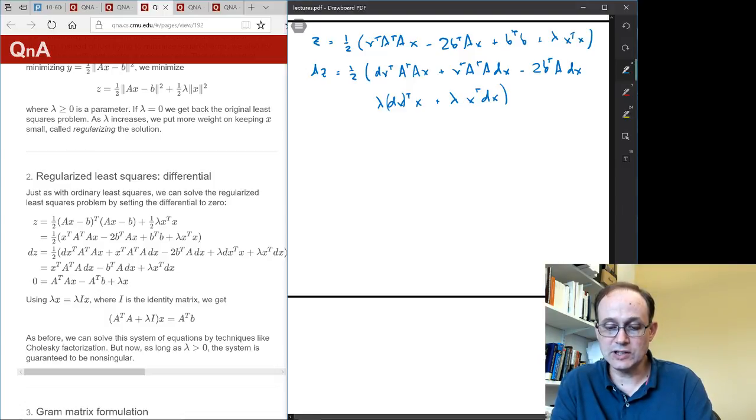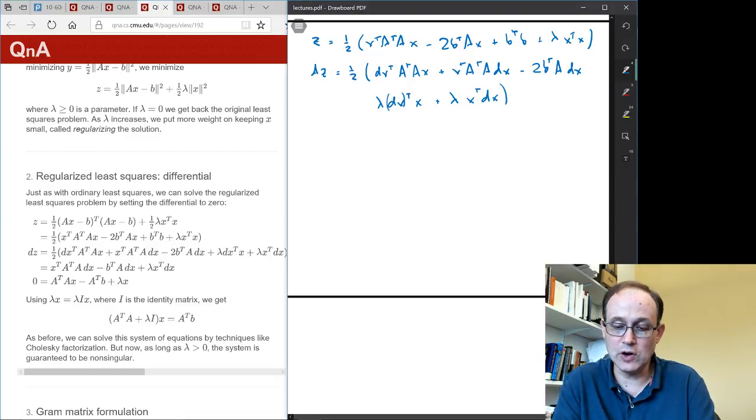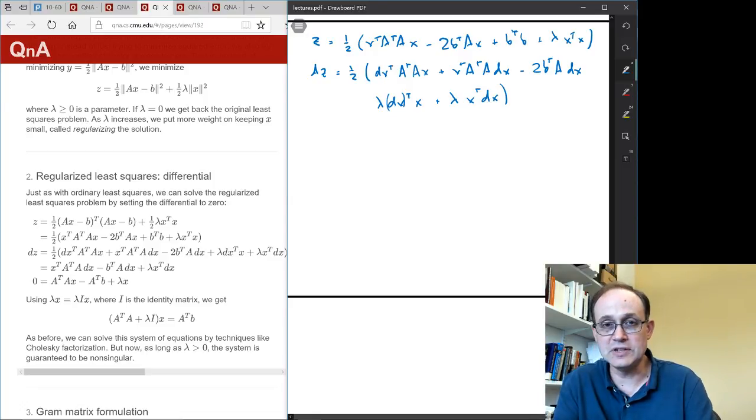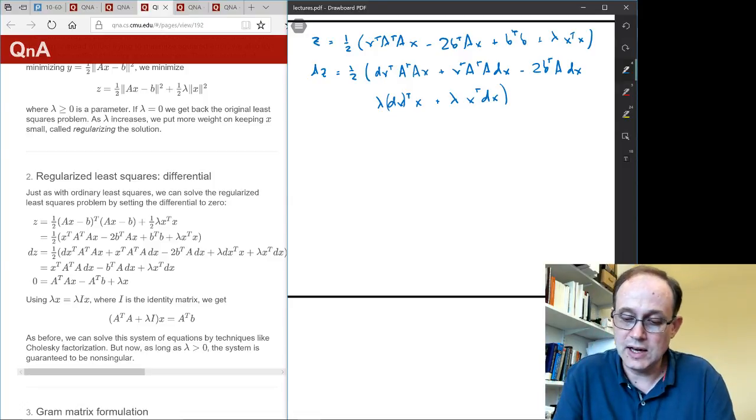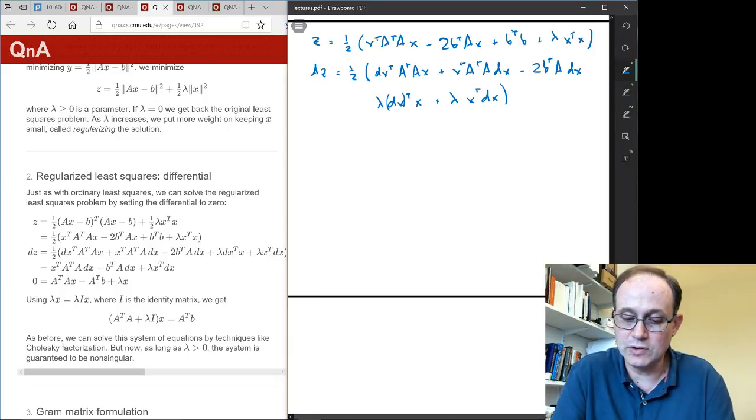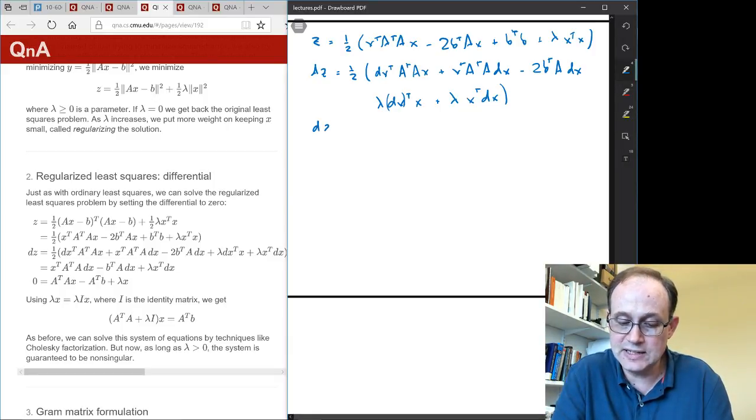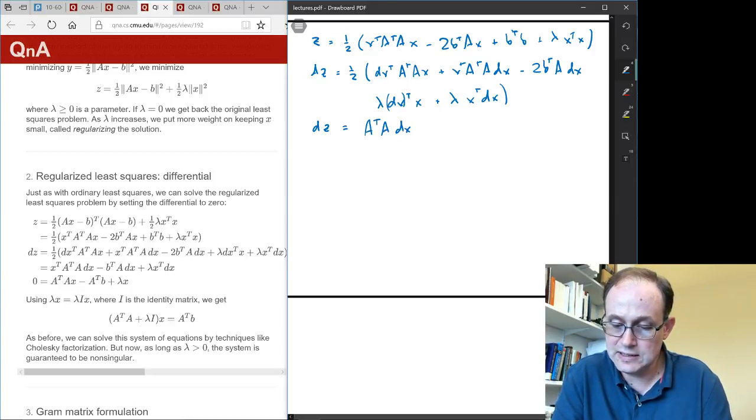Now we can collect pairs of equal terms, right? So this is a scalar, this is a scalar, they're transposes of each other, so we can collect them. This is a scalar, this is a scalar, they're transposes of each other, so we can collect them. And then we can include the half, and so we'll get dz is equal to A transpose A dx, right?